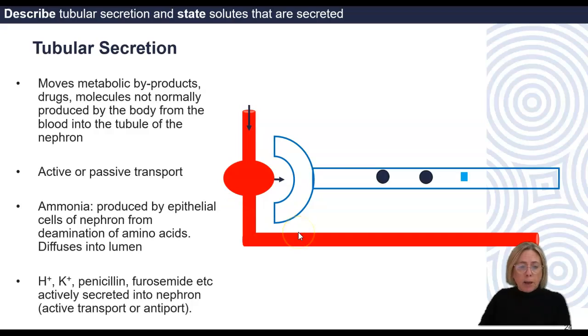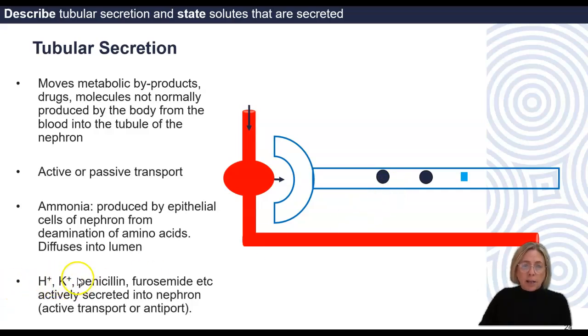Ammonia, which is produced by epithelial cells of the nephron from the deamination of amino acids, simply diffuses into the lumen. So just going back here, when we're thinking about secretion, those molecules or ions have to move from the blood into the interstitial space and then across the cells lining the renal tubules to become part of the filtrate.